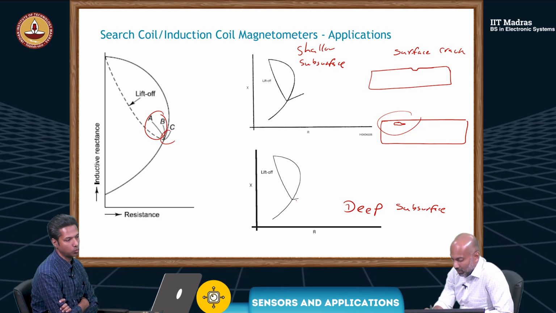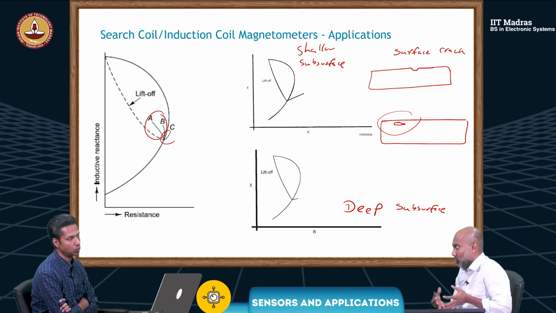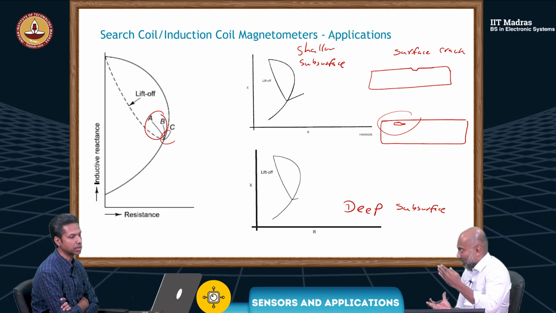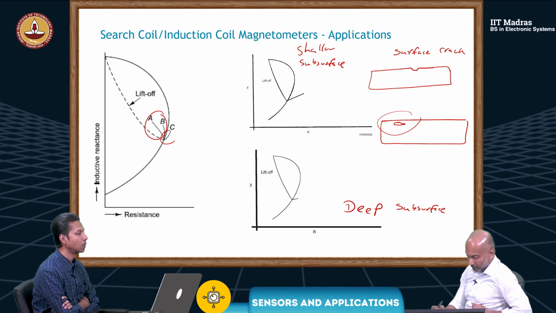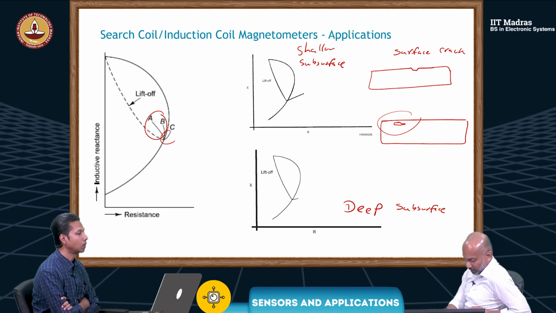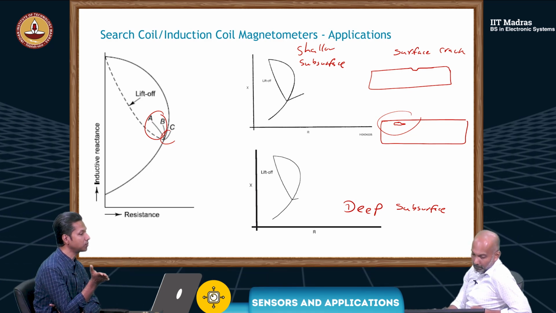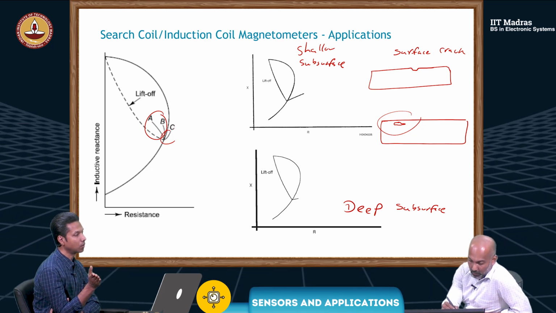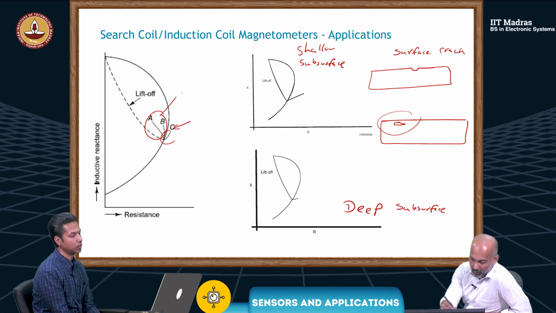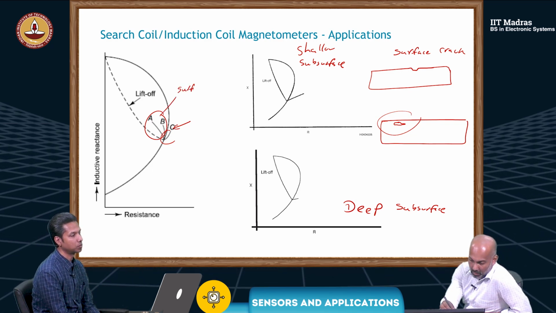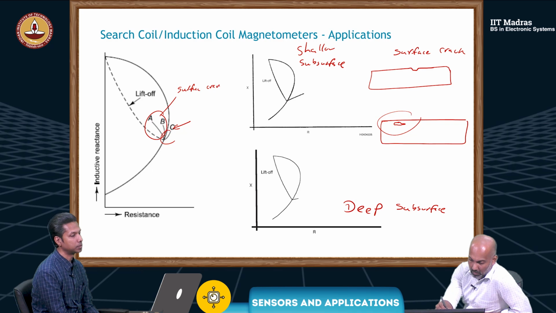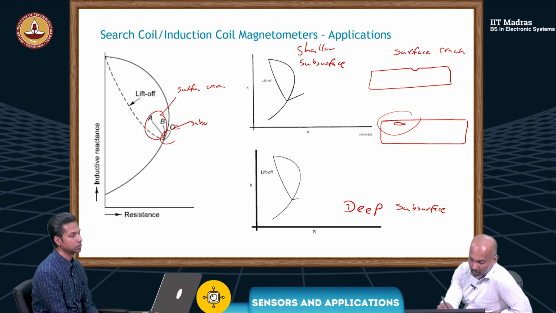Here it is much smaller, because as you go deeper, the signal is less. In the first diagram, A, B, C: C is for subsurface, and this is for surface, and this is subsurface.